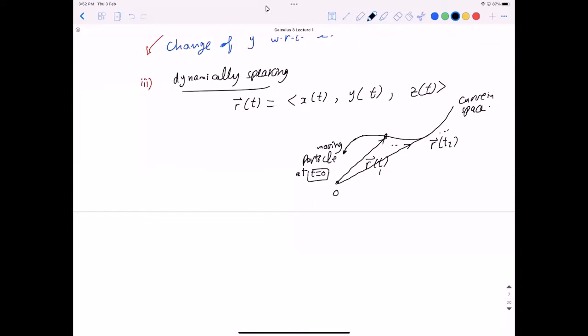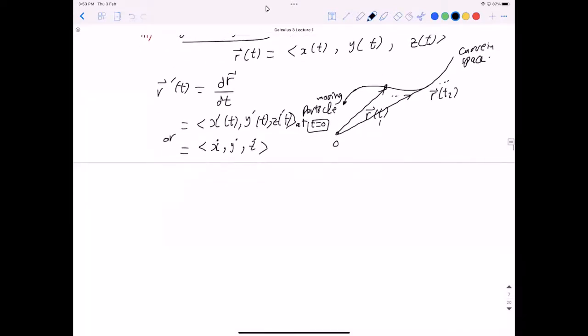So what do you think of R dash of t, or dr by dt? We differentiate x with respect to t, y with respect to t, z with respect to t. This is maybe written x dot, y dot, z dot, another nice simple notation if you like.